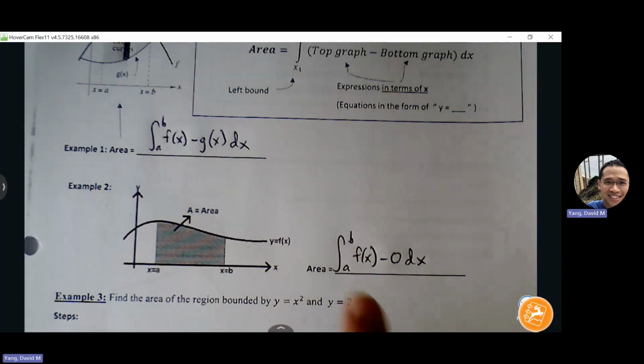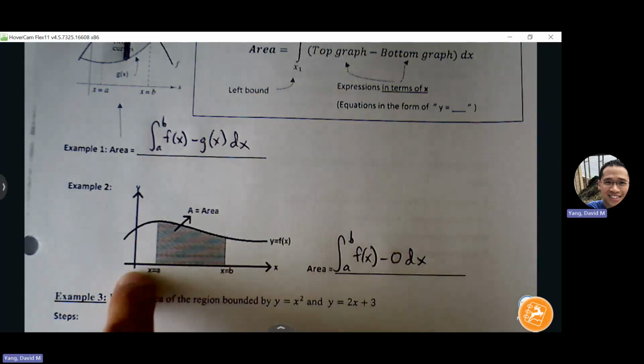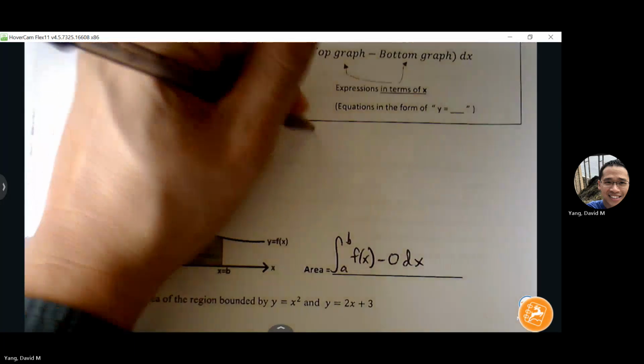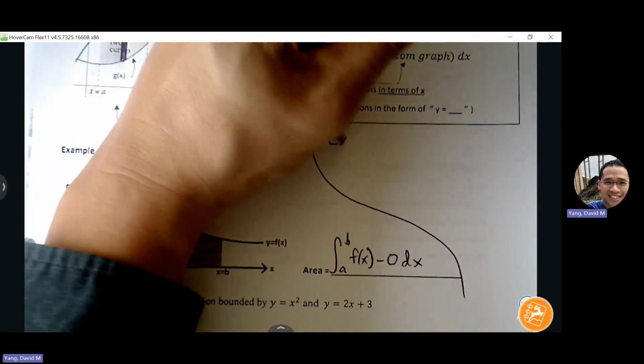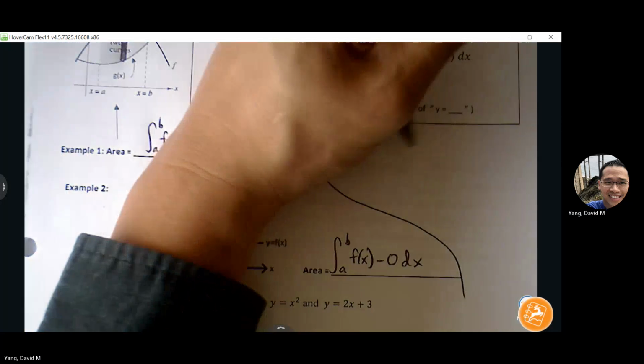So that's why we've always left out the 0, right? Because whenever we did integral before, it's always with the x-axis in mind. Okay, let me have you create an example 2, part B here.